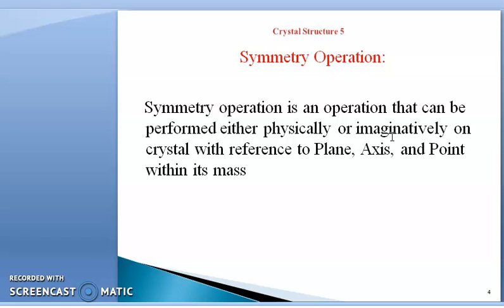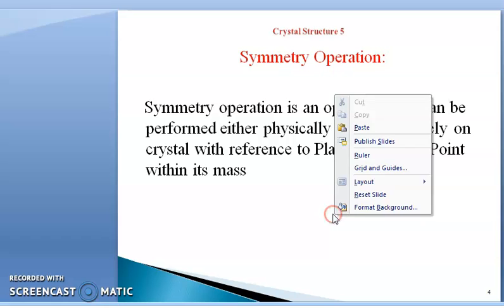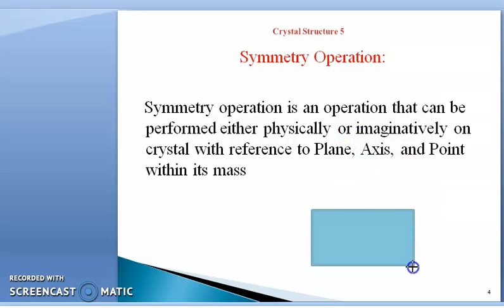For example, I'll tell you, suppose you have a square. Imagine a square. Then you take a point at the center here.